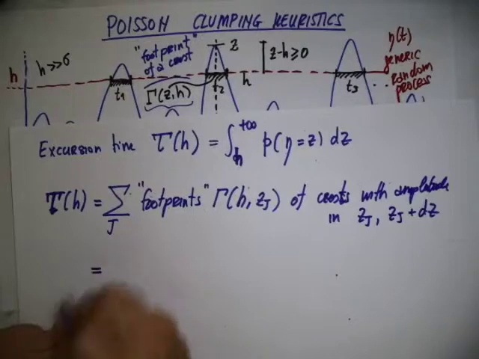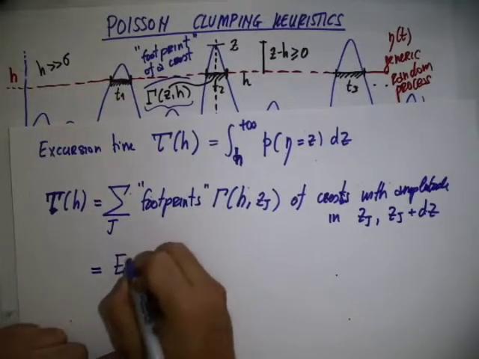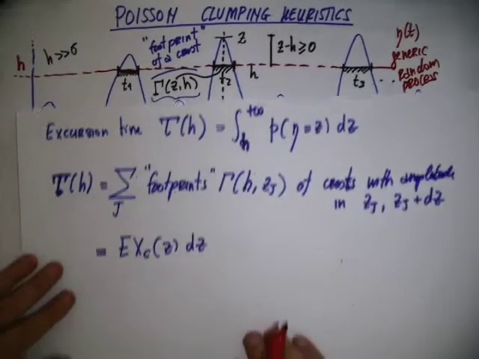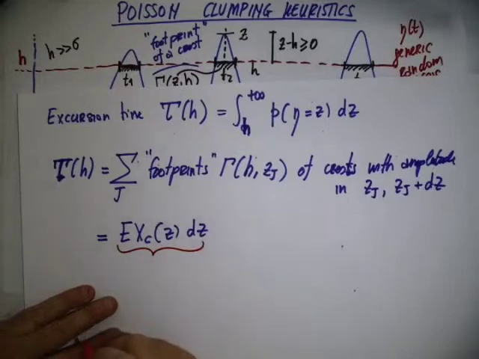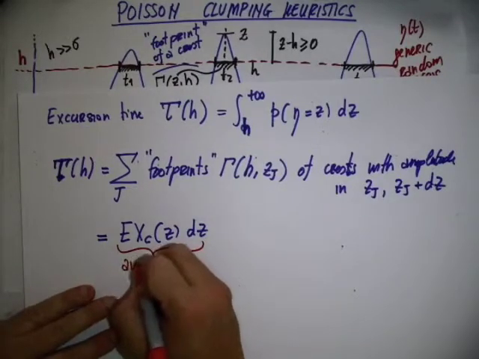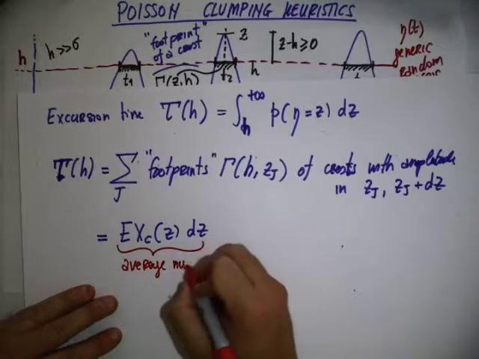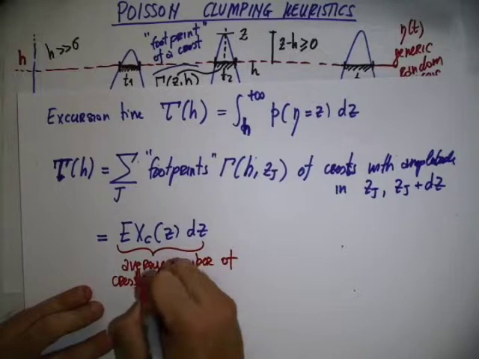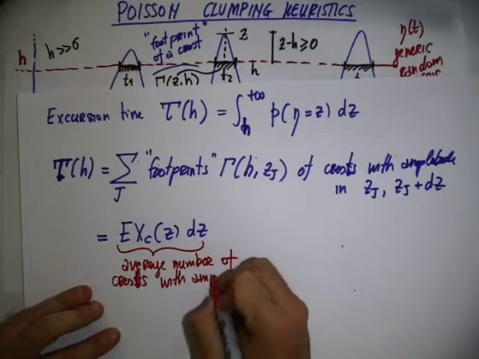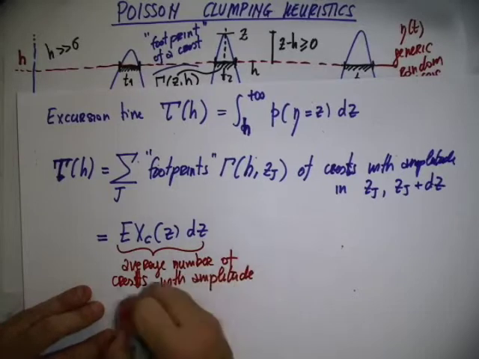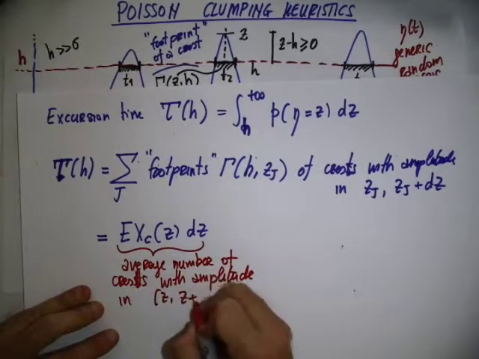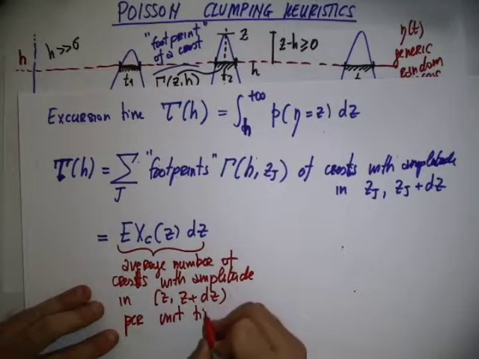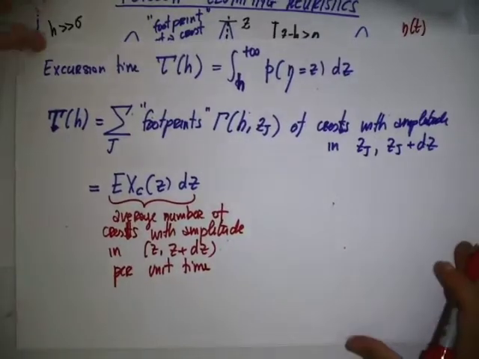Now let's call it exc of z dz the average number of crests with amplitude in z, z plus dz per unit time.